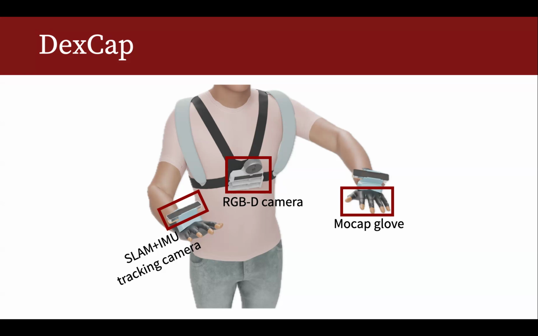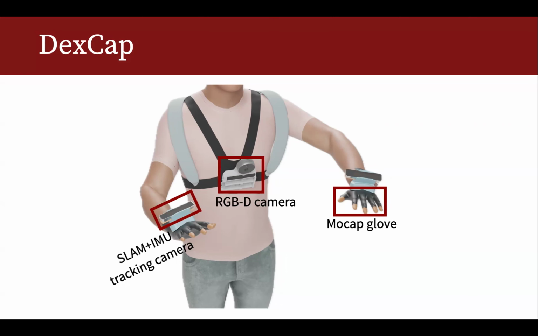So we need additional SLAM plus IMU cameras that give you the 6D pose of each of your wrists. And finally, we have RGBD cameras that you wear around your chest, which have two purposes. The first is to capture the world, the environment. The second is to help with localization and calibration.